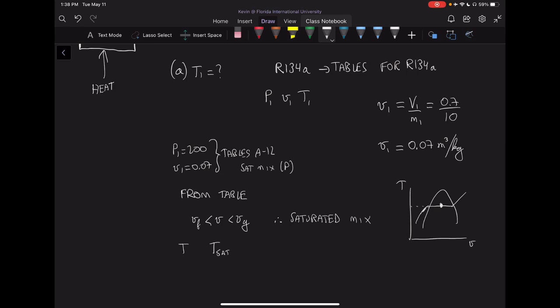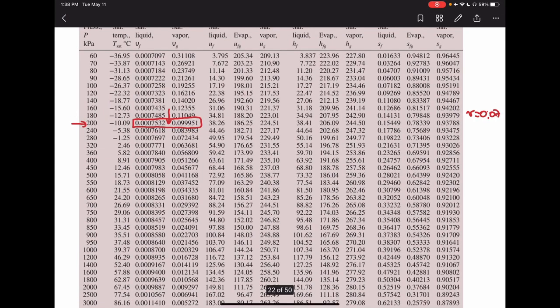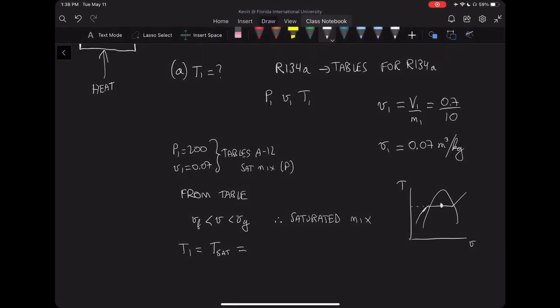So T1 is equal to Tsat, which from our table is equal to minus 10.09 degrees Celsius. And so that's the answer to the first part.